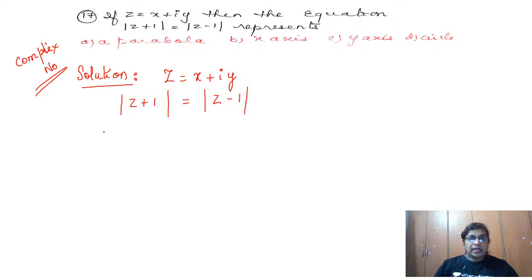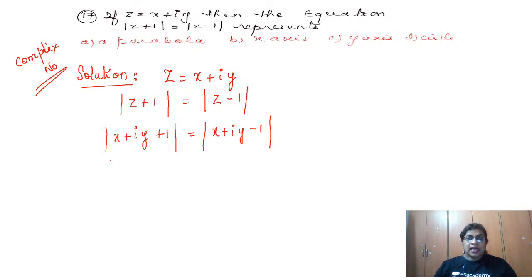So in the next step, wherever there is z, what you have to write? x plus iy. So modulus of x plus i into y plus 1 is equal to, z is what now? x plus i into y minus 1. Now inside that modulus sign, you can see there are real numbers and imaginary numbers.